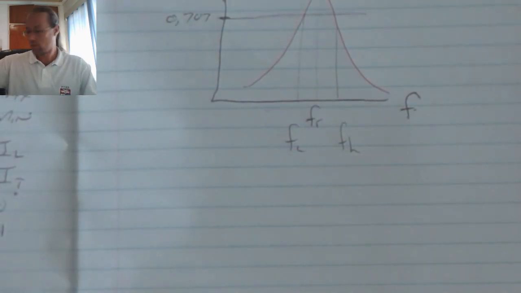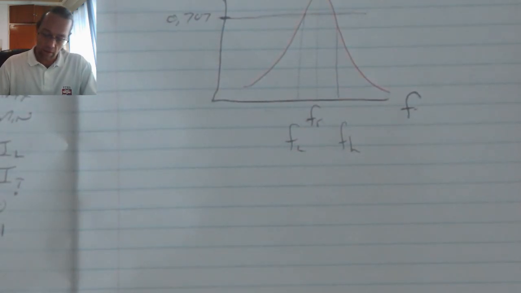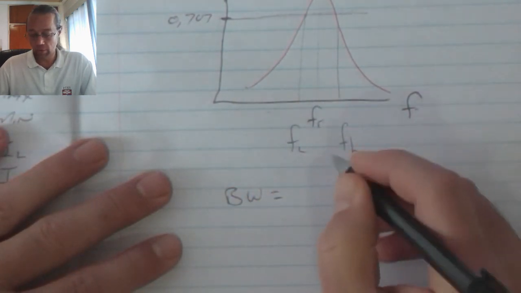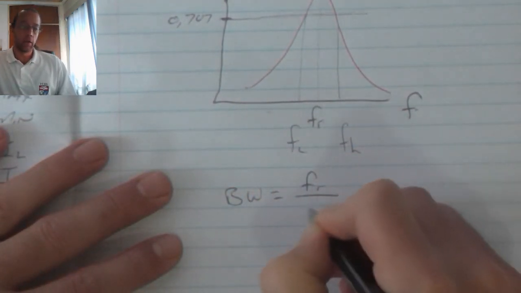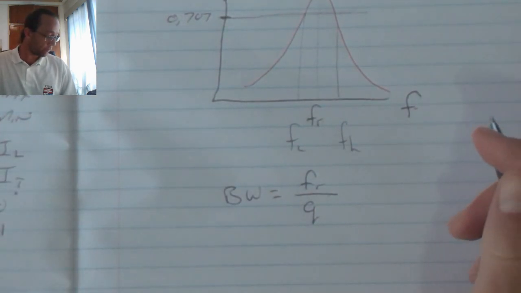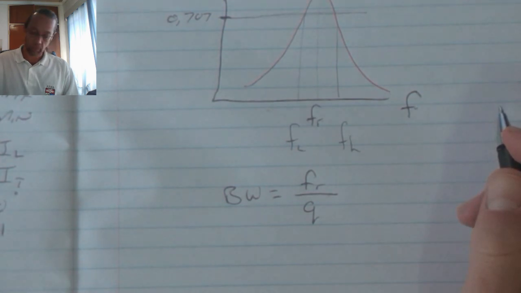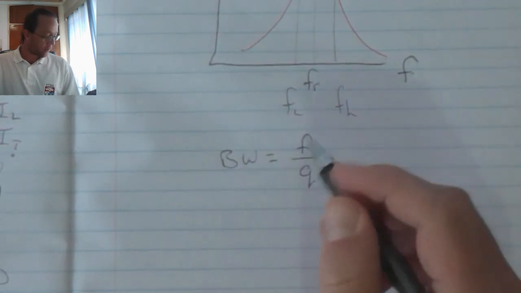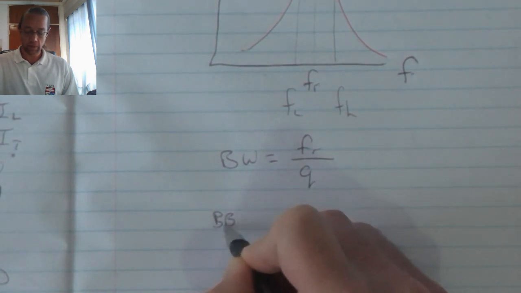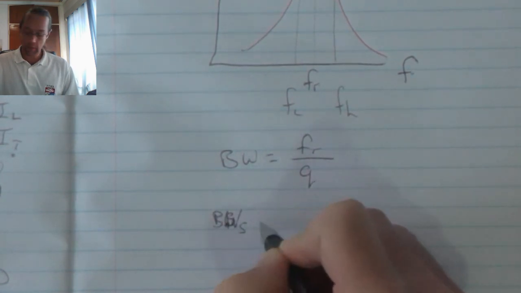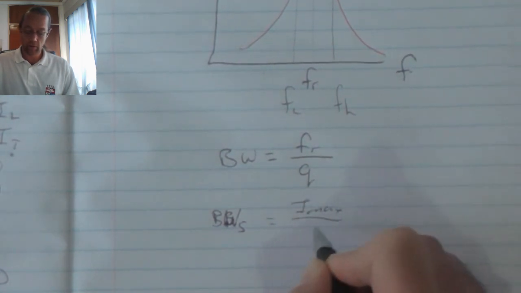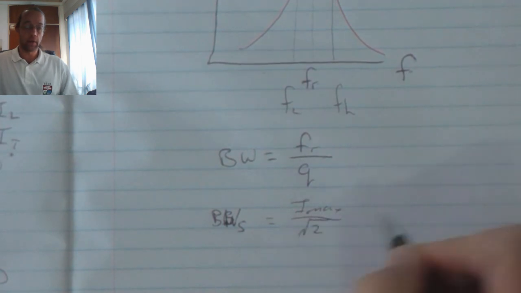And in order to calculate that bandwidth, we use the formula bandwidth is equal to the resonant frequency divided by the Q factor of the circuit. For more specific values, we can say the bandwidth in series is equal to I max divided by the square root of 2.